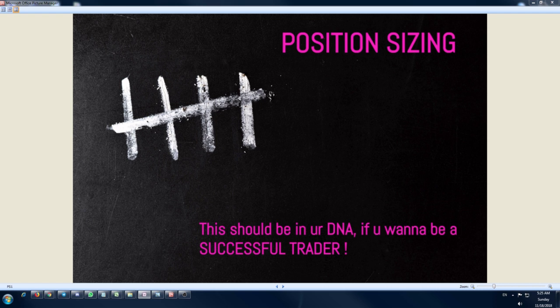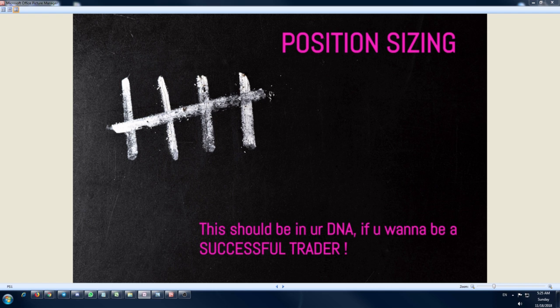So my position sizing will be 2,500 divided by 5, which is 500. So the max number of shares I should be trading should not exceed 500 shares. You can take fewer than 500, but make sure it does not exceed 500 shares.